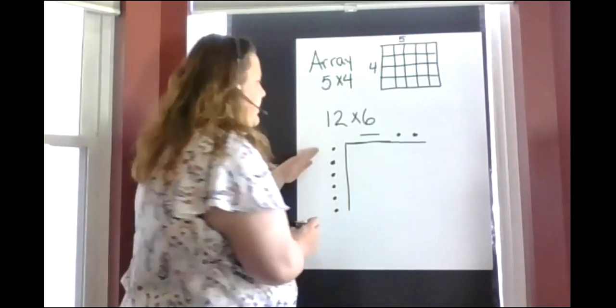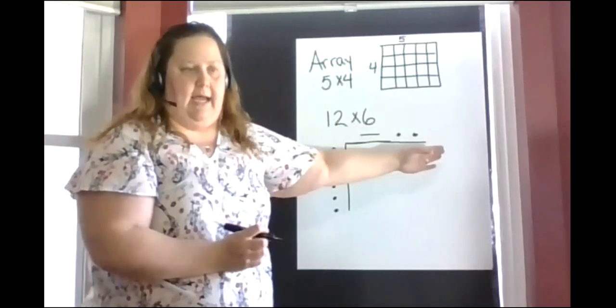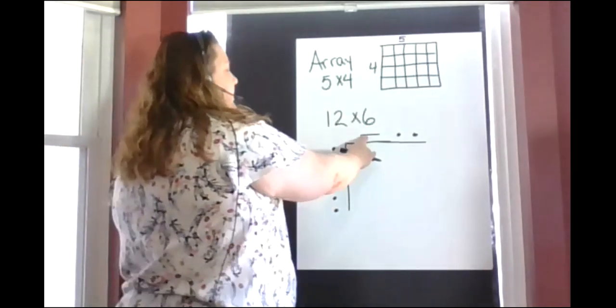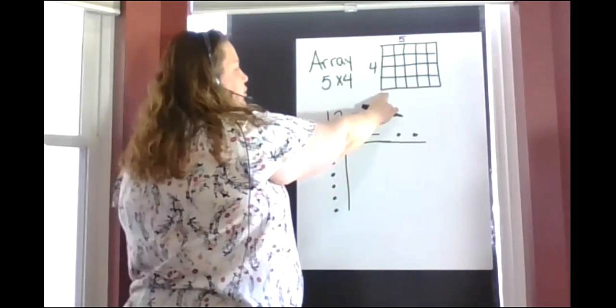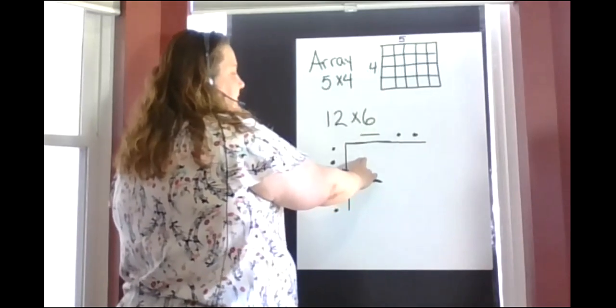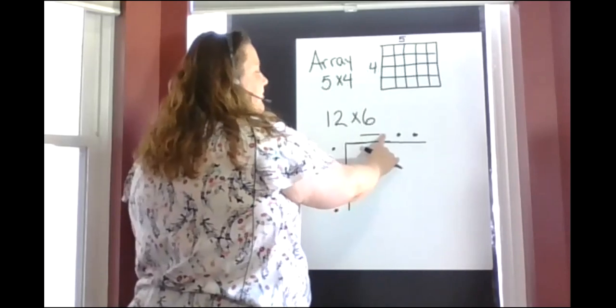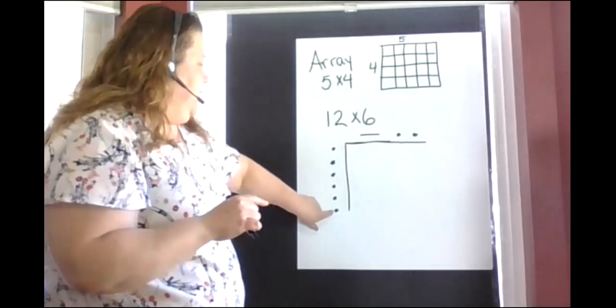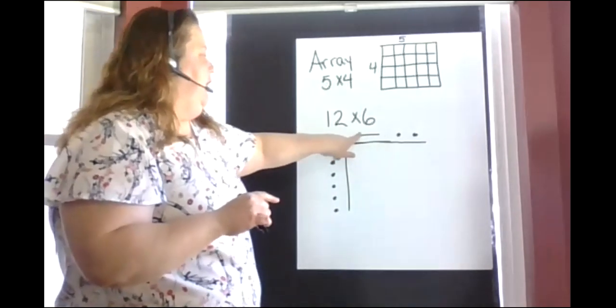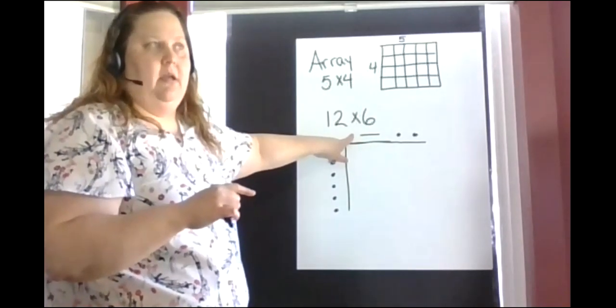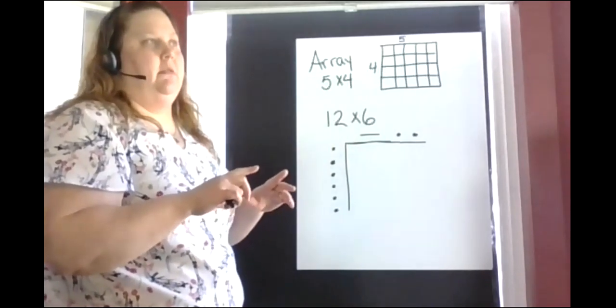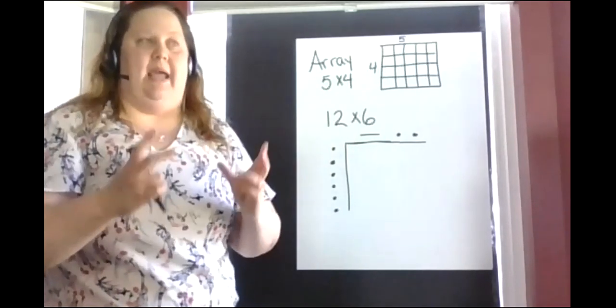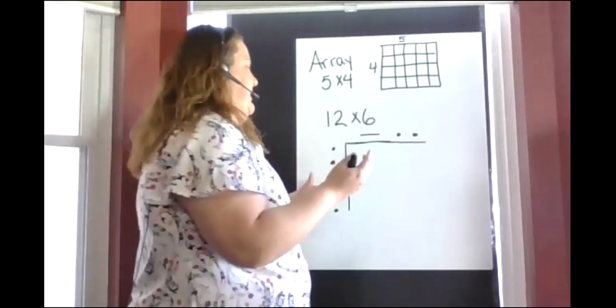And it doesn't matter which number goes on which side, because you're still going to be making essentially an array out of these base 10 blocks. So this is one of my longs. So we talked about base 10 blocks last week. We have our unit cubes that are 1s. We have our longs, which are worth 10. And when we get into larger numbers, we have those 100 blocks. They're represented as a square.